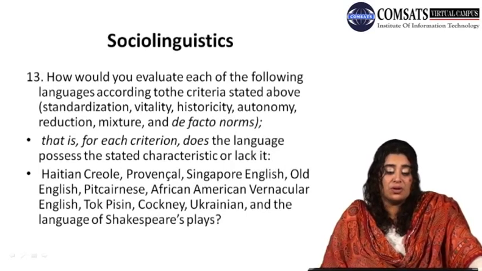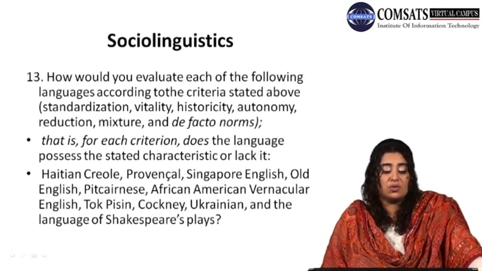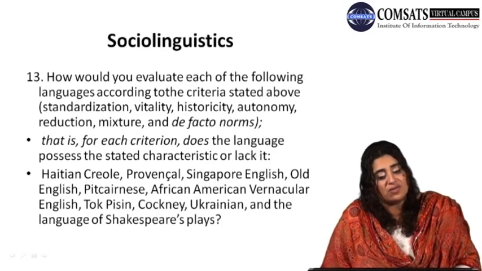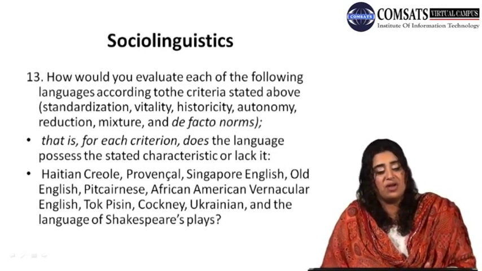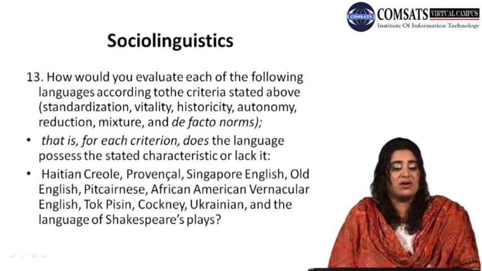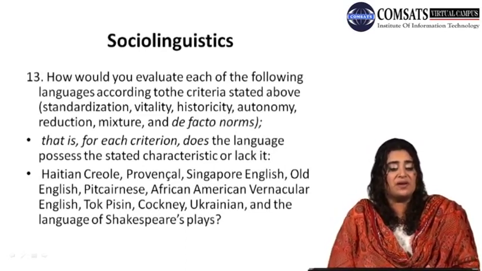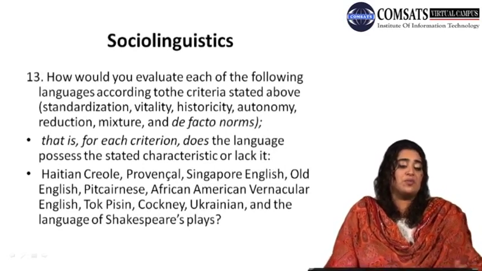So Haitian Creole, Provençal, Singapore English, Old English, Pitcairnese, African American Vernacular English, Tok Pisin, Cockney, Ukrainian, and the language of Shakespeare's plays. These all have their own characteristics, and they may be different from each other in many ways. So their standardization may be different, their autonomy may be different, their mixture is different. So the whole norm of the language would be different, and they don't match each other.